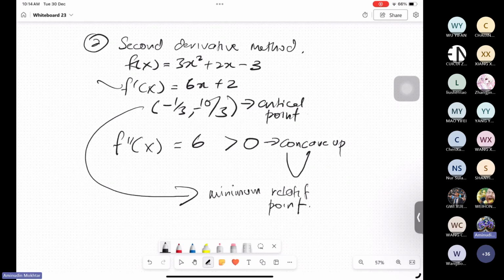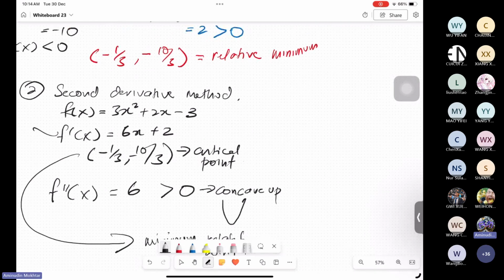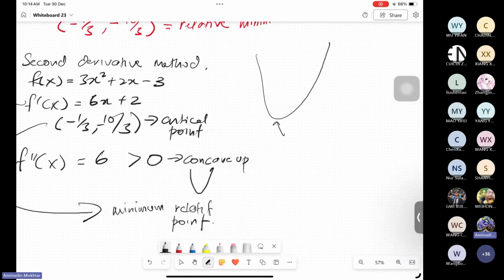If you draw the graph, since this is a quadratic and a is positive, the graph must be like this. That is the minimum relative point, negative 1 over 3 and negative 10 over 3.